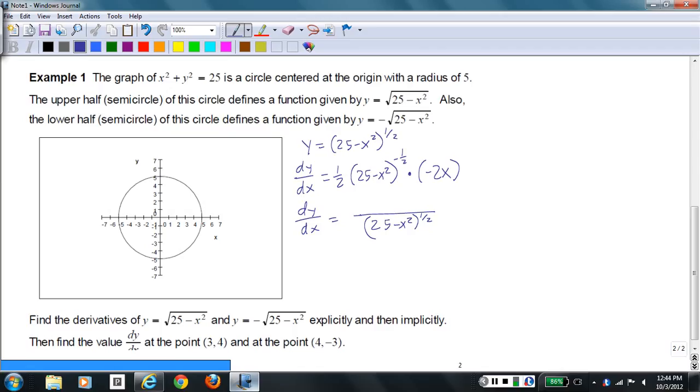I suppose I could put a 2 down there in the denominator and a negative 2x in the numerator. The 1/2 gives us the 2 in the denominator. And then we can divide this 2 by 2 and get 1, and divide this negative 2 by 2 and get negative 1. So what we'll get is dy/dx equals negative x over the square root of 25 minus x squared.